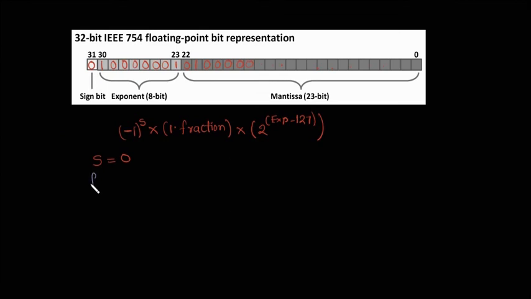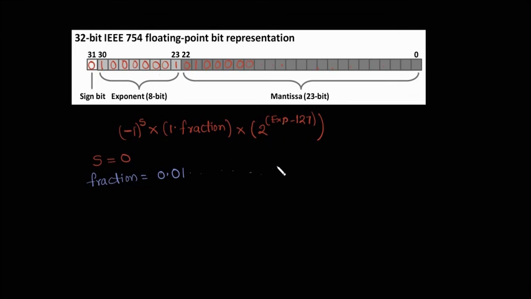And what is the value of fraction? Fraction value is 0.01. The trailing zeros don't matter, they are of no use, so we write 0.01. Now comes the tricky part. What is the exponent value? What should we write at 2 power here? We already have this value, so we substitute this exponent value here to get the power of 2.